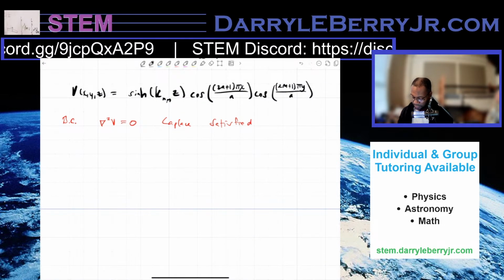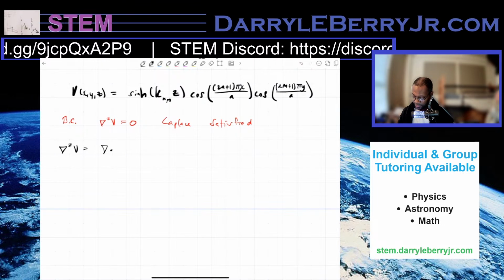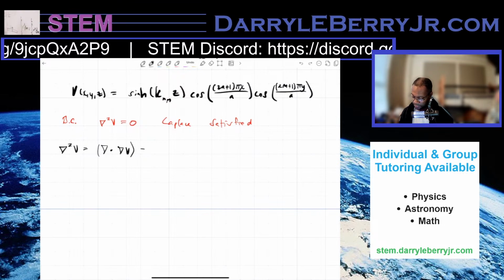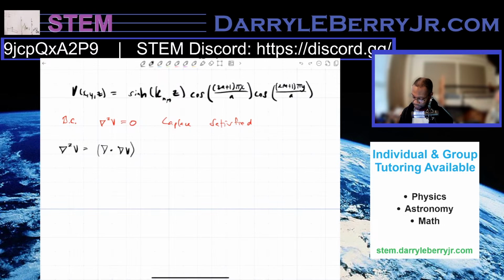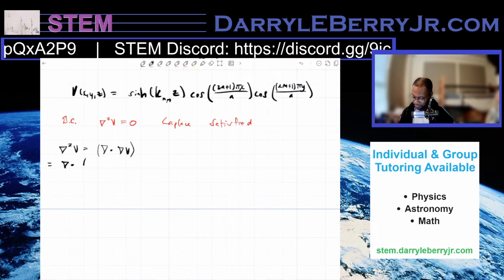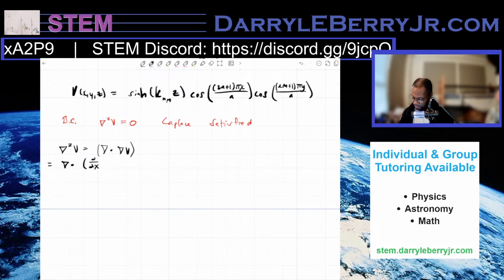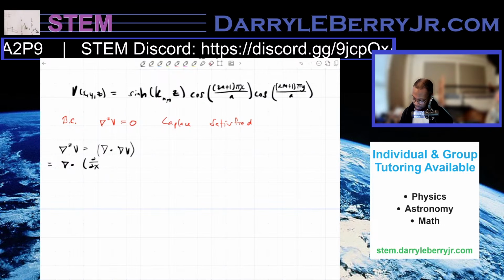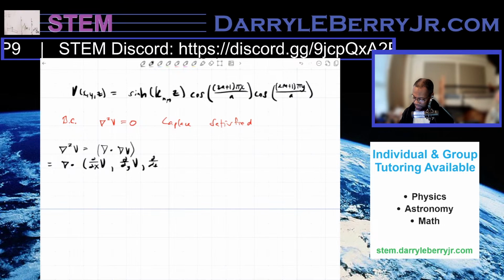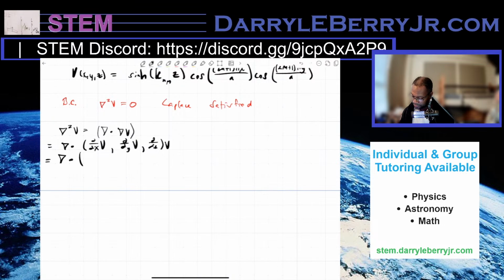So we know that the Laplacian equals the dot product of del with del V. So this equals del dot the vector of the partial derivatives of V with respect to x, y, and z.